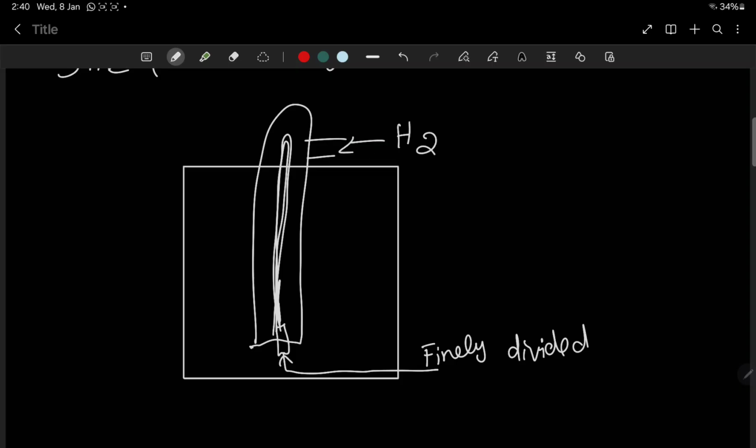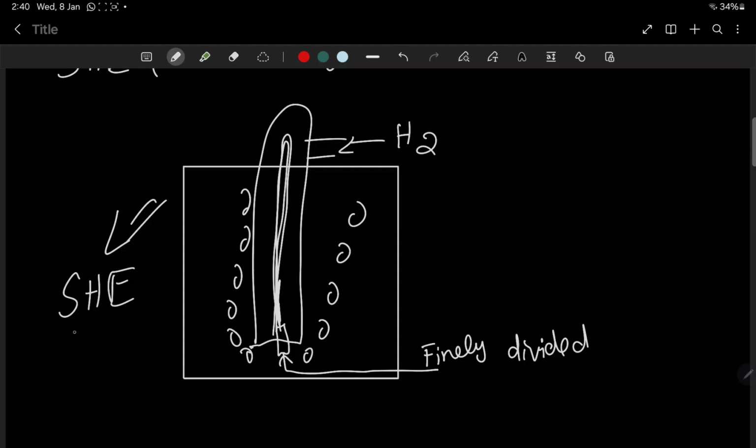You pump H2 gas and the bubbles will be formed in this water, and the electrode potential of this is called the standard hydrogen electrode, and its potential we take as 0 volt.